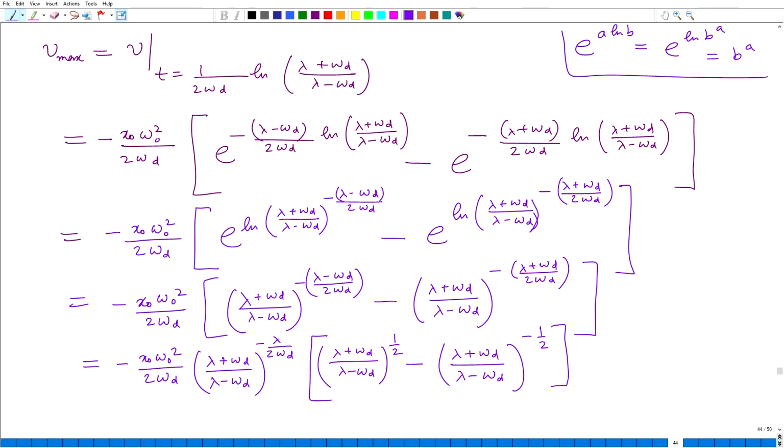Okay. Now, this thing is nothing but lambda minus omega d over lambda plus omega d to the power lambda by 2 omega d. Okay. So, I will exactly write that.